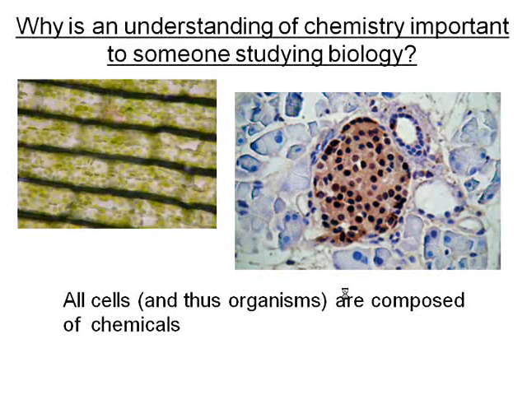The first answer is the fact that all cells are composed of chemicals. The cell is the basic unit of life, so we can deduce then that all organisms essentially are composed of chemicals. The two pictures that we see here are on the left an Elodea, which is a type of aquatic plant. We can see by its shape, it's got a very distinctive boxy shape, which is characteristic of plant cells.